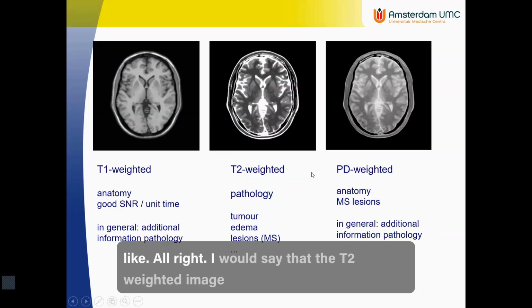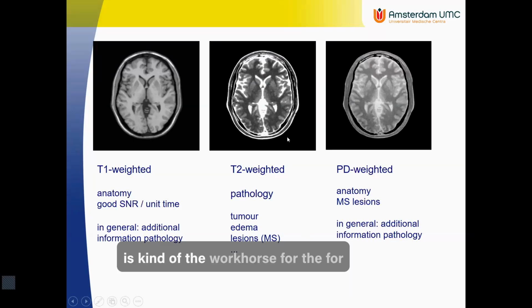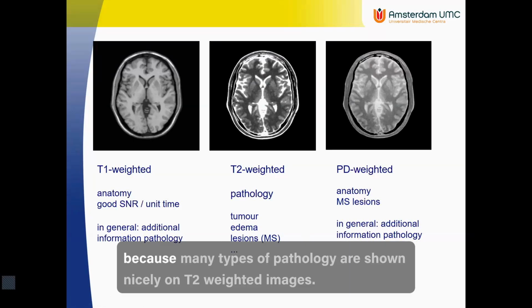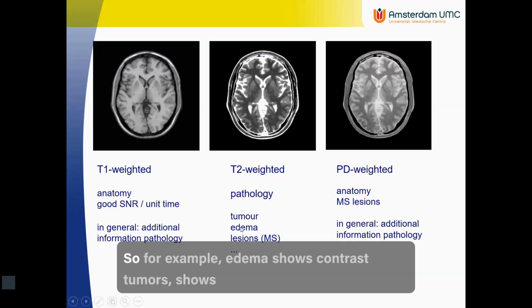I would say that the T2-weighted image is the workhorse for the radiologists because many types of pathology are shown nicely on T2-weighted images. For example, edema shows contrast, tumors show up nicely, MS lesions show contrast.